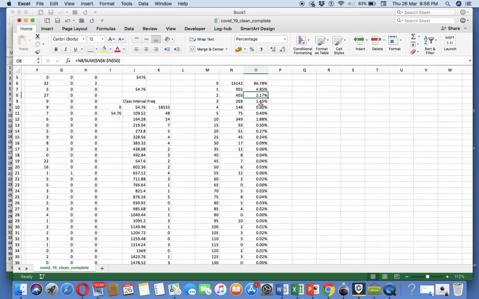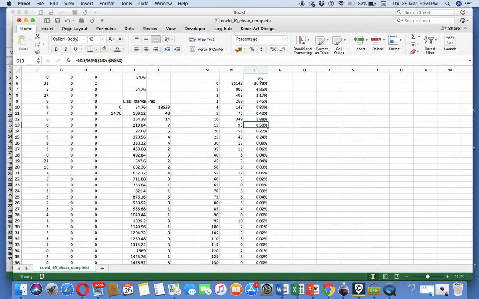The probability that there will be 3 deaths is 1.45. The probability that there will be 4 deaths is less than a percentage. The probability that there will be 5 deaths is less than 0.4. And the probability that there will be 10 deaths will be 1.8.